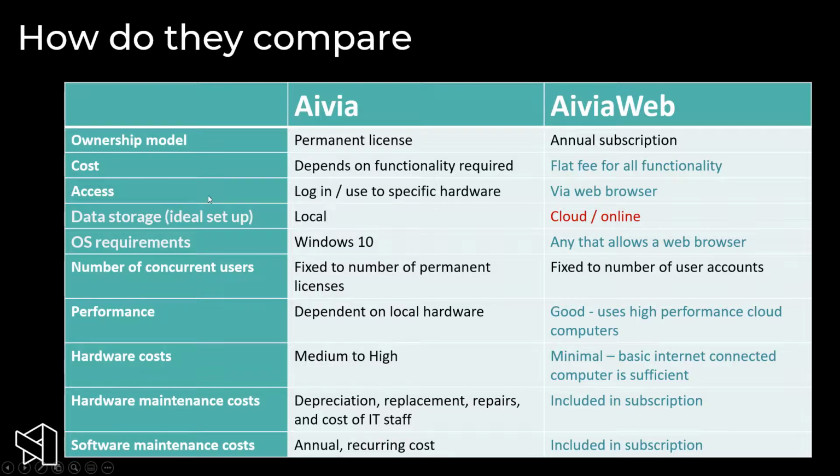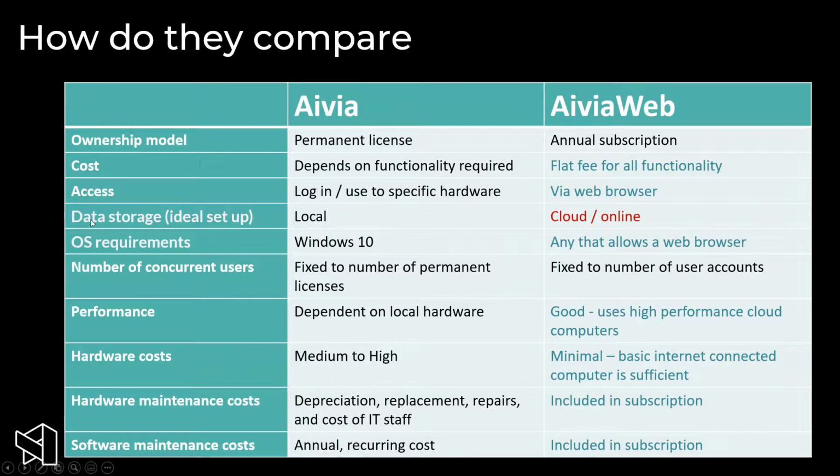In terms of access, with Aivia and Aivia floating license, you have to log in and you have to access a specific piece of hardware that typically is in a specific room somewhere at your university or lab. Whereas with Aivia Web, you can simply open a web browser from anywhere and access your Aivia Web installation and use it.